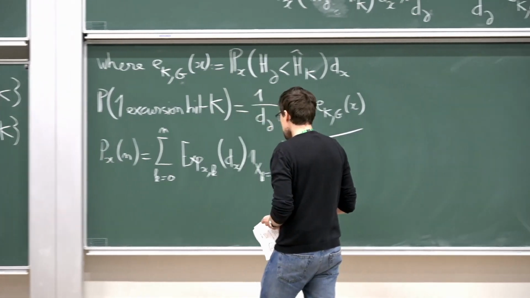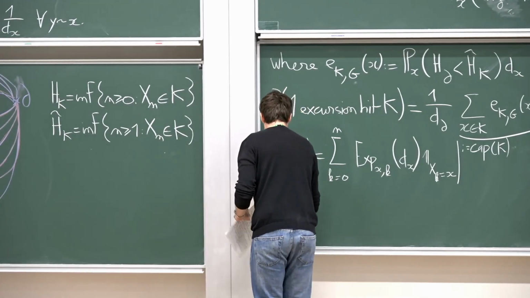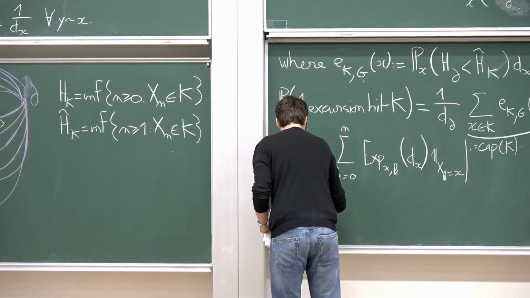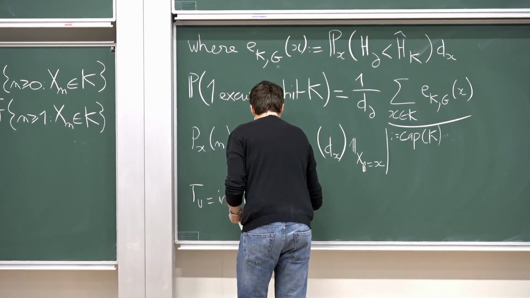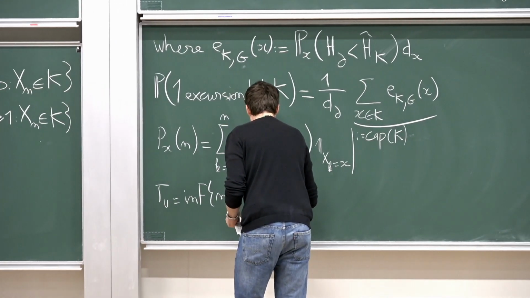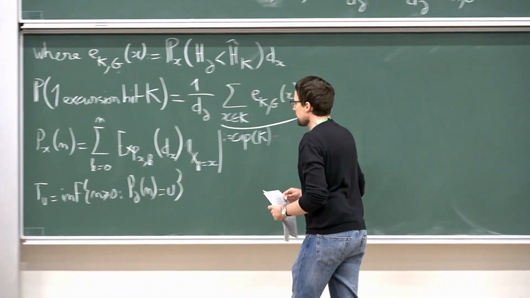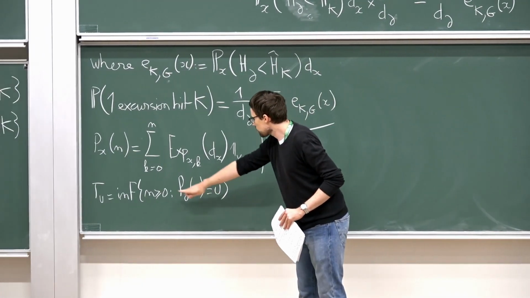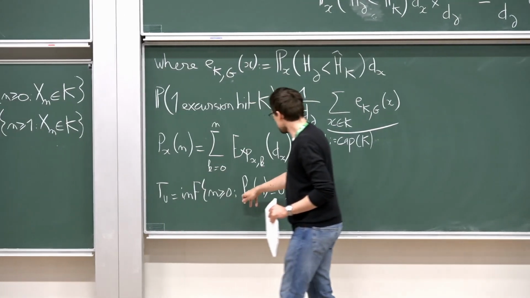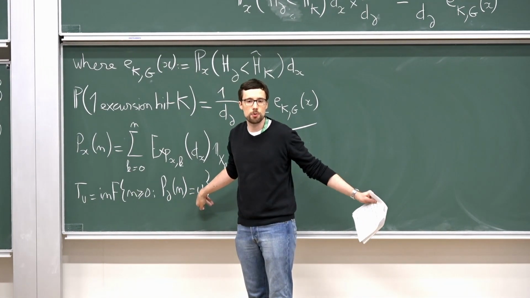With this definition, now I will run my random walk until a given time, which is this time t_u, which is the first time that the walk has spent the time u at the boundary. The advantage of waiting until this time is that I know that at this time t_u, which is the first time that my local time at the boundary reaches u, I am at the boundary.